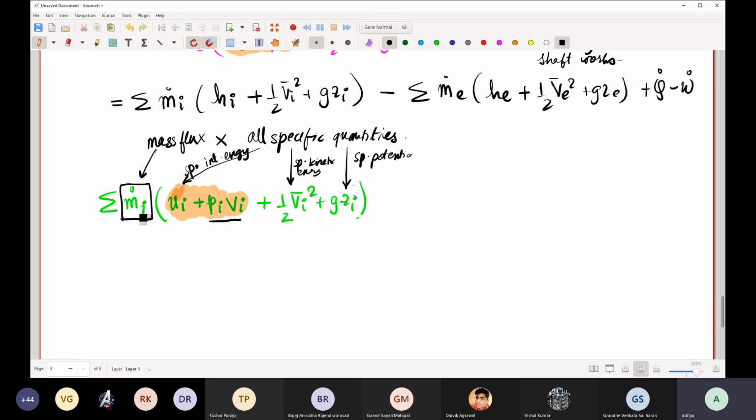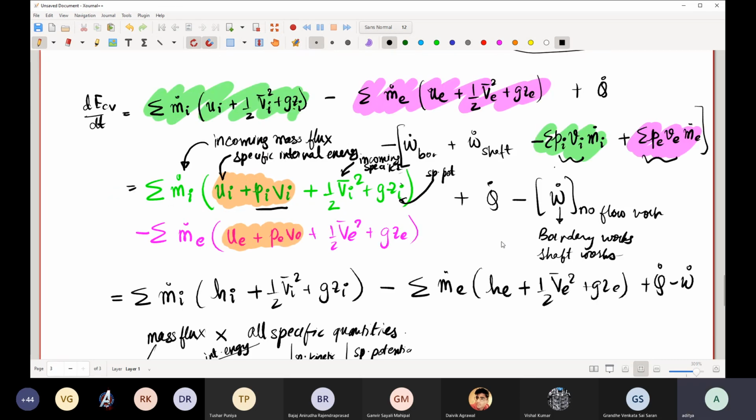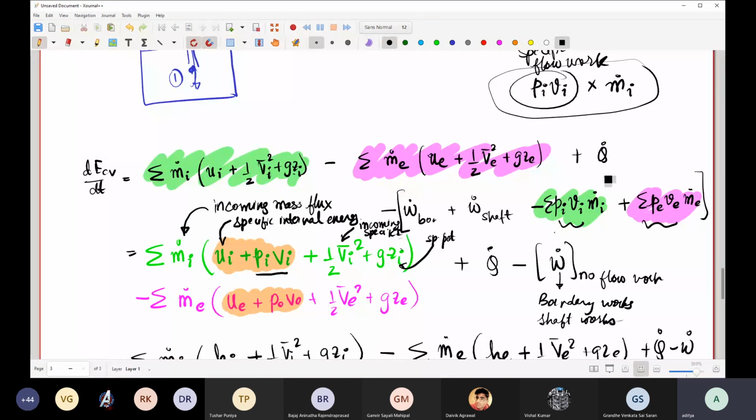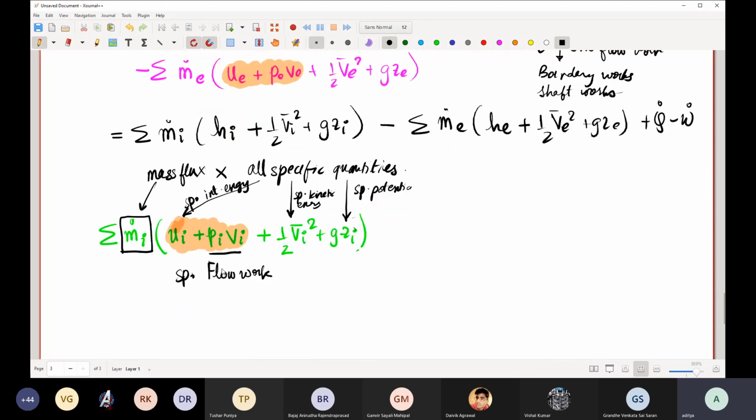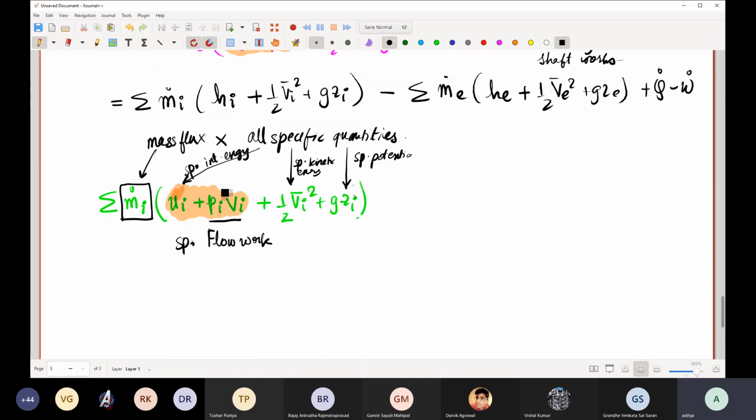I'm repeating it again. But apart from this, the other thing that the incoming mass flux also has to do is to push that mass into the system, and in doing so, that incoming mass flux also has to do a specific flow work, which originally was accounted in the expressions for the work done, but we took it out from the expressions of the work done and combined it with this mass flux, so that you have a combination of terms U plus PV appearing.